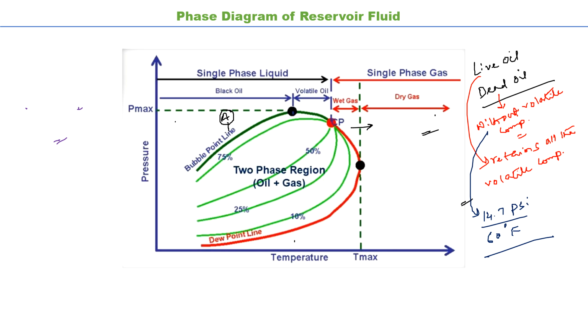So let's say we come to point B. This is the phase envelope region, that means the two-phase region. So at point B, oil plus gas is present, whereas at point A, only oil is present. And the point where it cuts the bubble point line is known as the saturation pressure, what we previously explained.